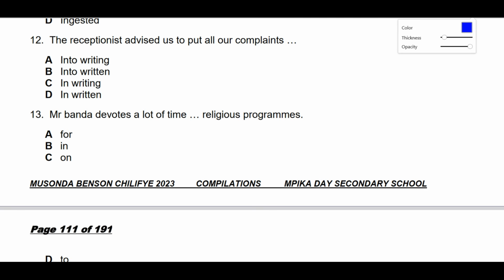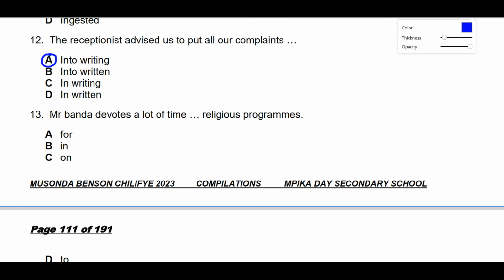Whenever a visitor has a complaint, that person is advised to put it in writing. In writing is where you are keeping a record for a longer period of time, especially in electronics. Now, in writing is where you are given a pencil or a pen and you write it down.